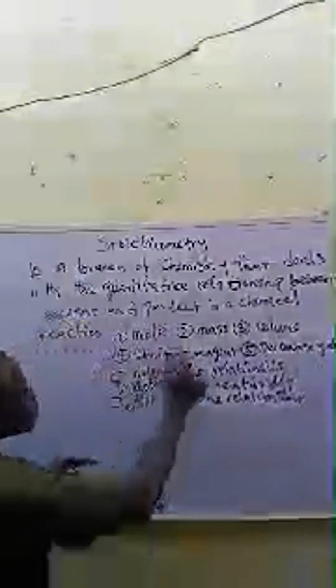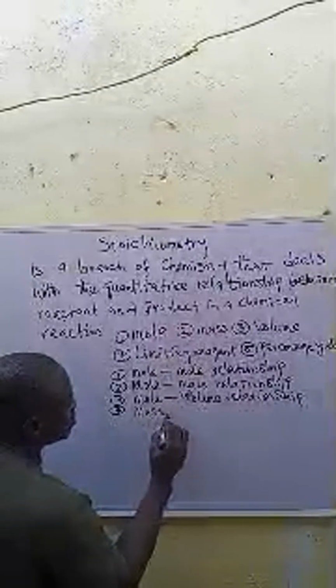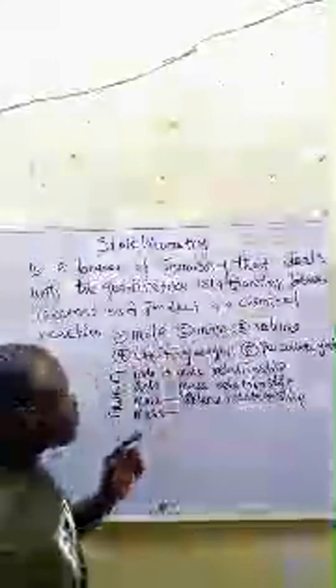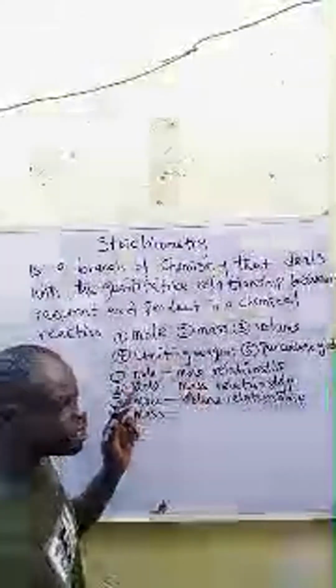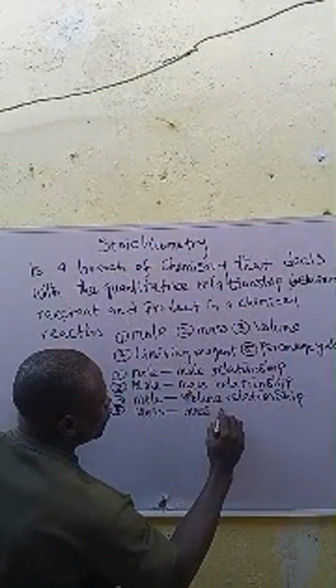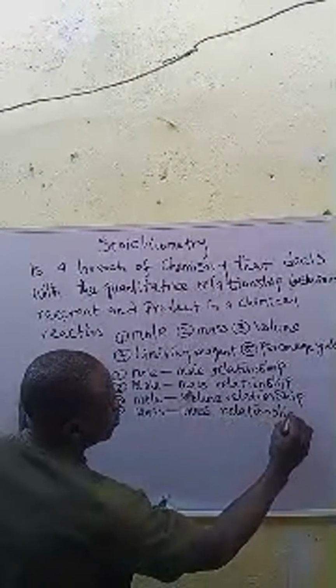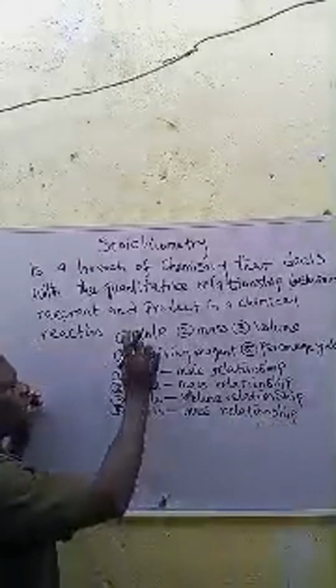Now, mass also has a relationship with these. So we say 4: mass has a relationship with itself, just like mole has a relationship with itself. We call it mass relationship. Mass has a relationship with mole.